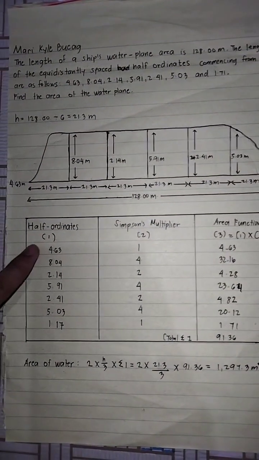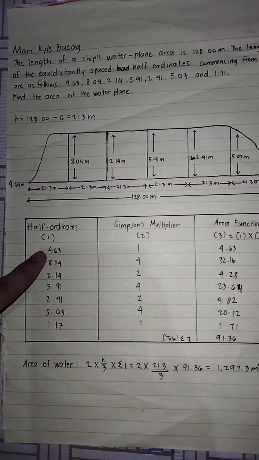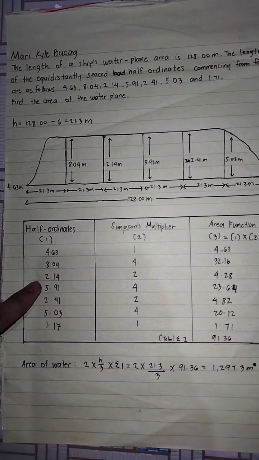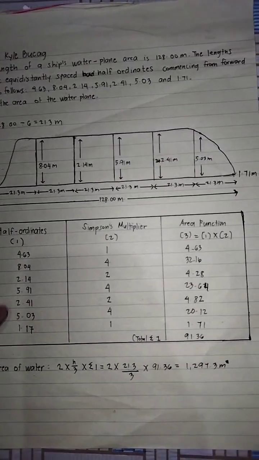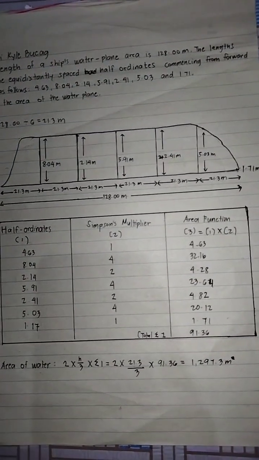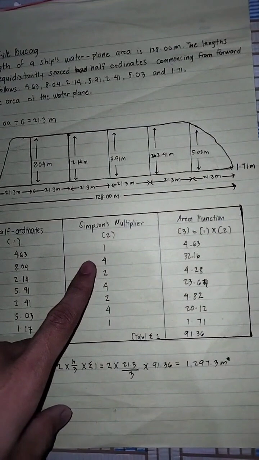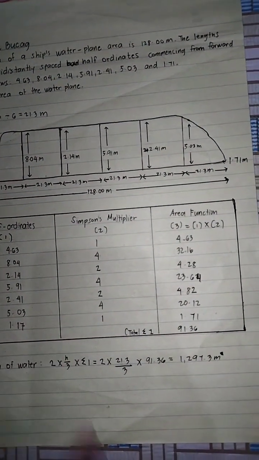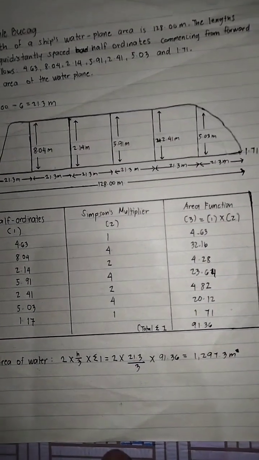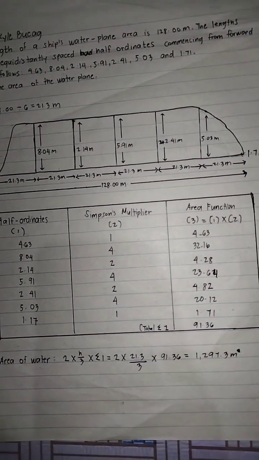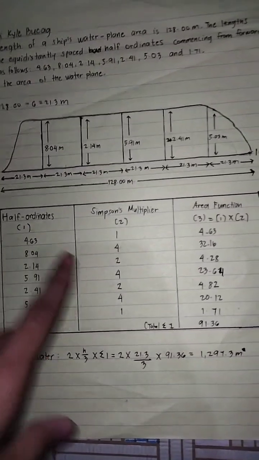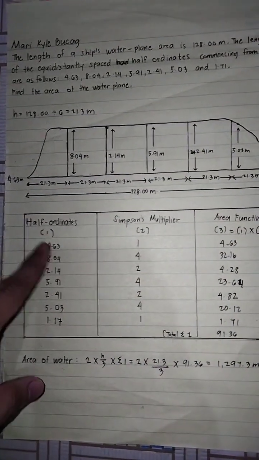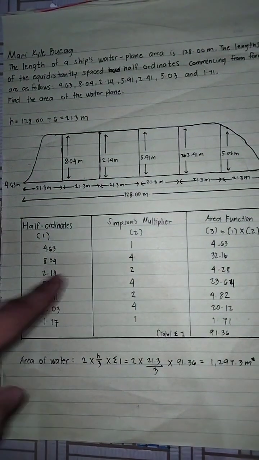First, we have the ordinates, which are 4.63, 8.04, 2.14, and so on. Since it is Simpson's Rule number 1, we use 1, 4, 2, 4, 2, 4, 1, because this is the Simpson's multiplier in Rule number 1. In order to get the area function, we multiply the half ordinate by Simpson's multiplier.